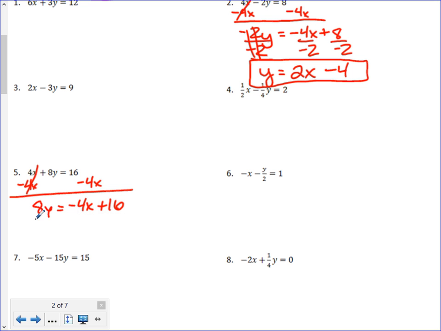Divide 8 both sides. What's y equal? What if you don't know? What can you use? Calculator. Negative 4 divided by 8. Negative 1/2 a. Steve, finish it.